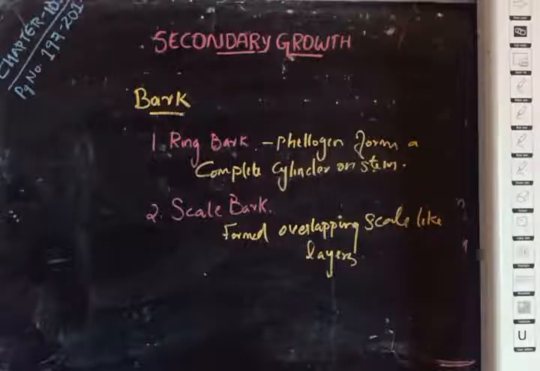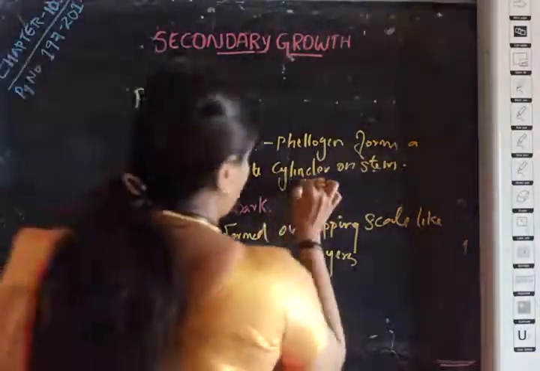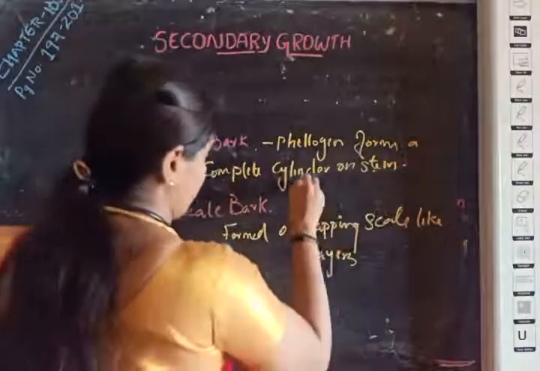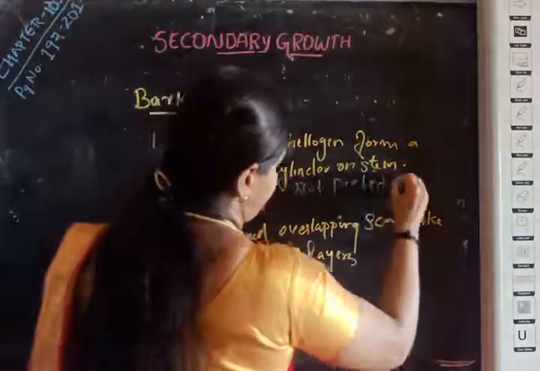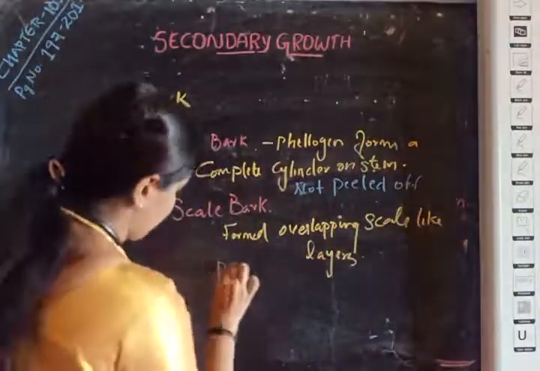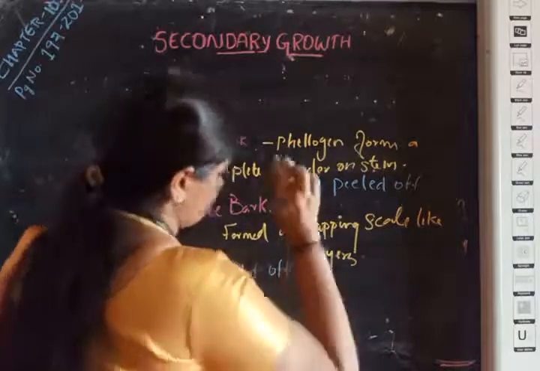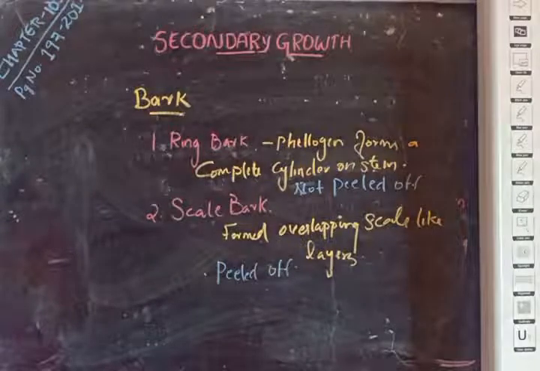Ring bark normally does not peel, whereas scale bark is usually peeled off. So these are the differences between ring bark and scale bark.